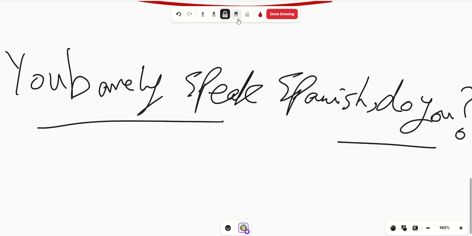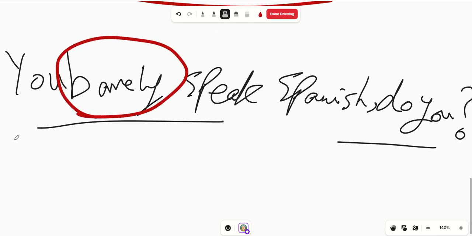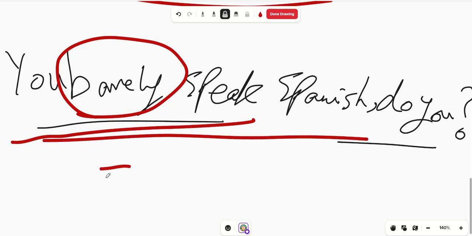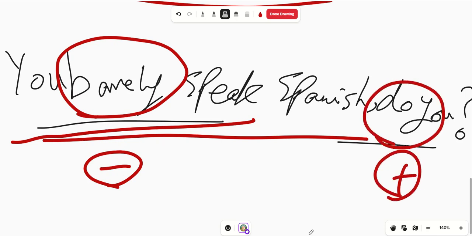No. Here you have a negative adverb, so our statement will be negative. When we use a negative statement, we have to use a positive tag. So when we use barely, scarcely, rarely, seldom, never, hardly, and others, in order to make our sentence negative with those negative adverbs, we have to use a positive tag.